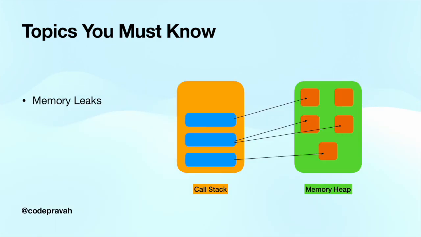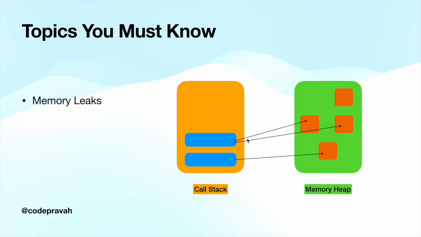The next topic is memory leaks. Suppose I have my call stack and this call stack is referring to some memory in the memory heap. Suppose our call stack has three functions in execution and they are referring to some memory in the memory heap. Now when the first function finishes its execution, it will release the memory from the memory heap, and that's how it is happening.